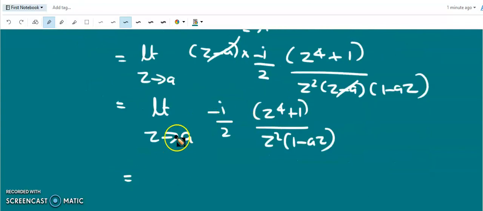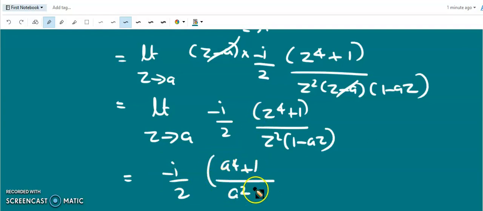Applying the limit z tends to a, we get minus i by 2, a to the power 4 plus 1, divided by a square into (1 minus a square). So this is the residue of the function at z equal to a.